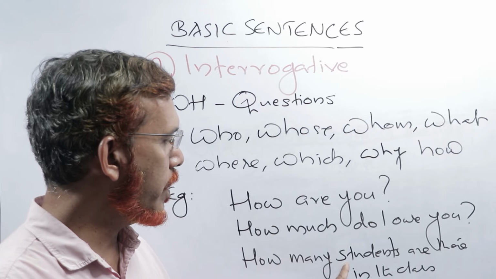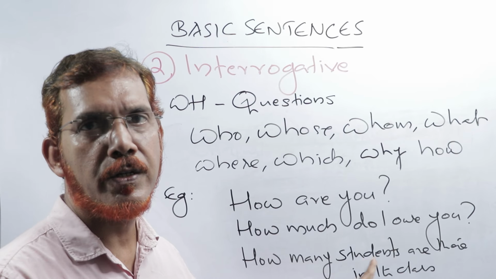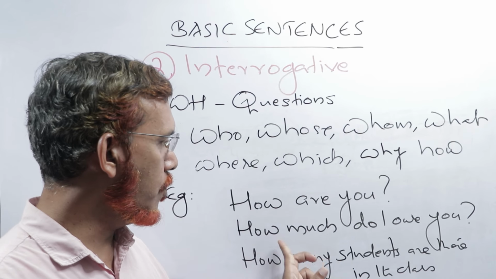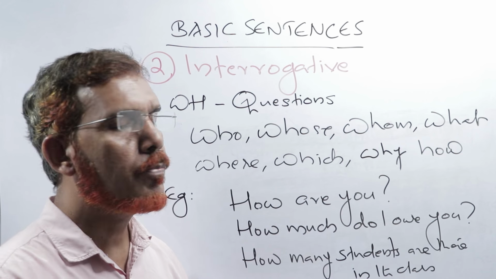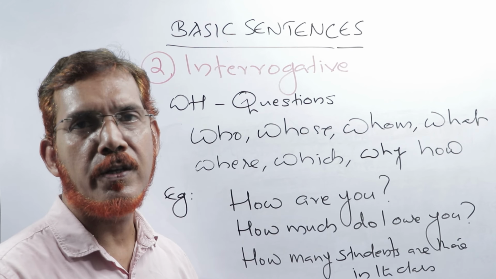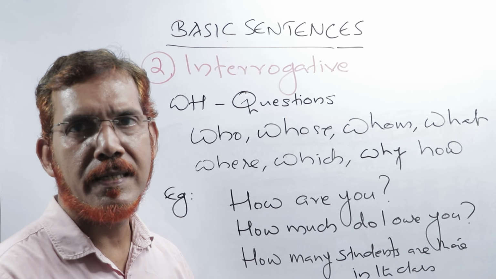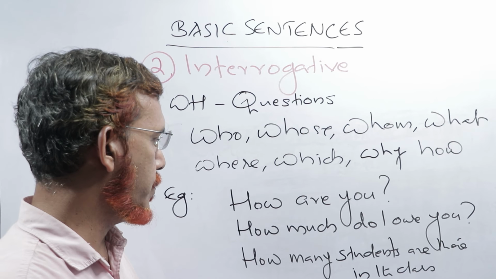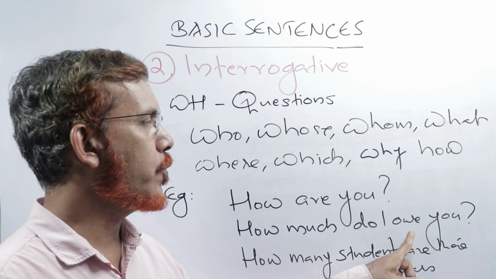Countable nouns means we can use it as plurals: student, students. Here, how much do I owe you is about money. Money is not used in plural. There is no plural for money.